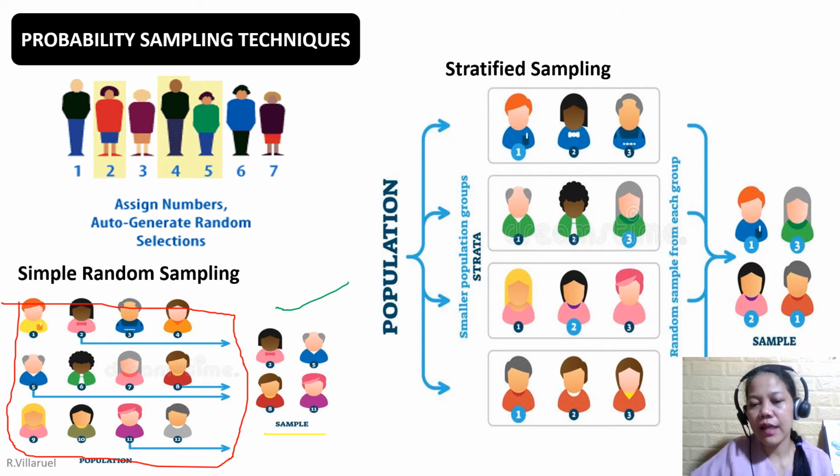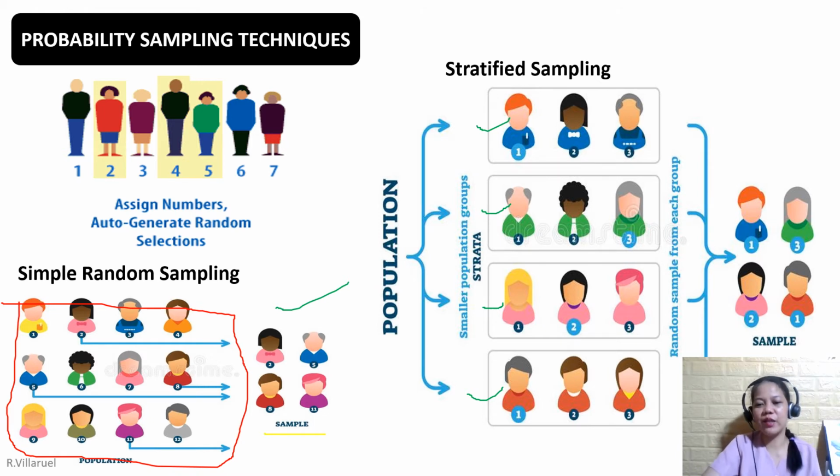So, lahat yan merong predefined characteristics. So, dun lang sa picture, kung nakikita nyo, nakasuot ng blue, nakasuot ng green, ng pink, at ng brown. So, pwedeng sabihin natin yung basis lang nila, yung color ng shirt. So, from each stratum, the samples can be drawn using simple random sampling or systematic sampling.